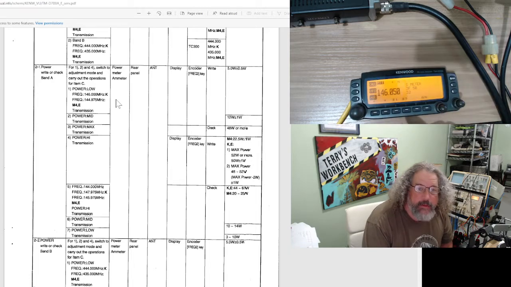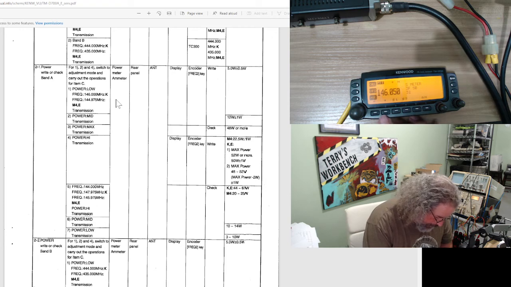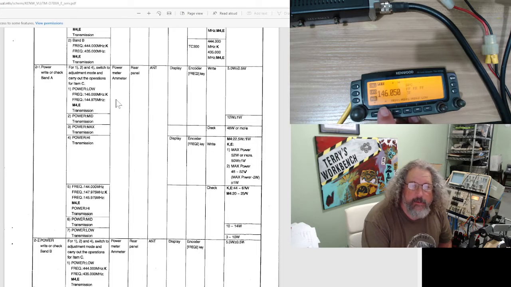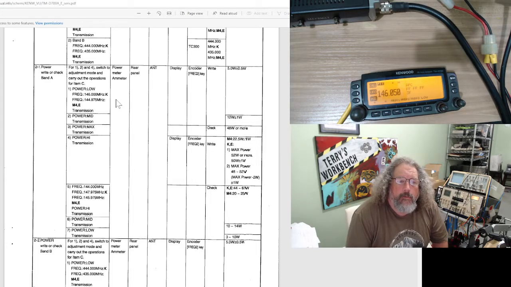Swap over here to the A side. Okay, now it's on there. It says, all right, so for 1, 2, and 3, switch to adjustment mode and carry out operations for item C.